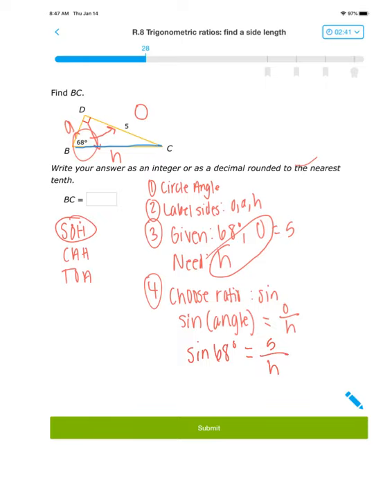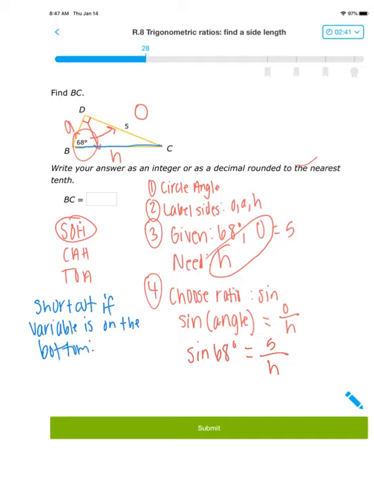So the reason this one's a little bit different is because we don't know the hypotenuse. So we can't just multiply by the bottom number. That's not going to work this time. However, there is a shortcut. This is the shortcut that I told my classes last semester. This is a shortcut that you can use if the variable is on the bottom of your fraction.